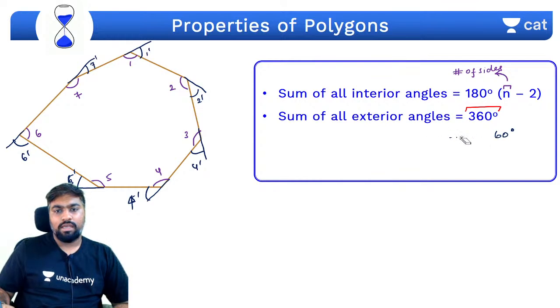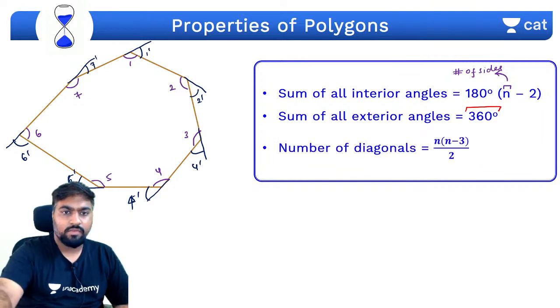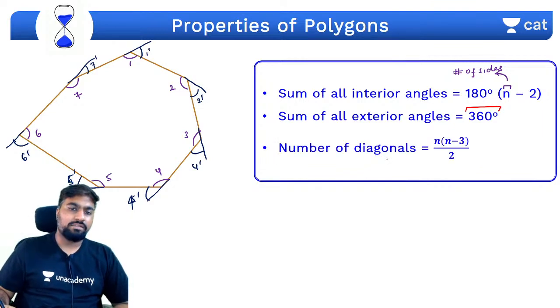Cool. And the third property is with respect to its diagonals. What do you mean by a diagonal? A diagonal is a line that joins opposite sides. Yes, it joins everything but the adjacent sides.